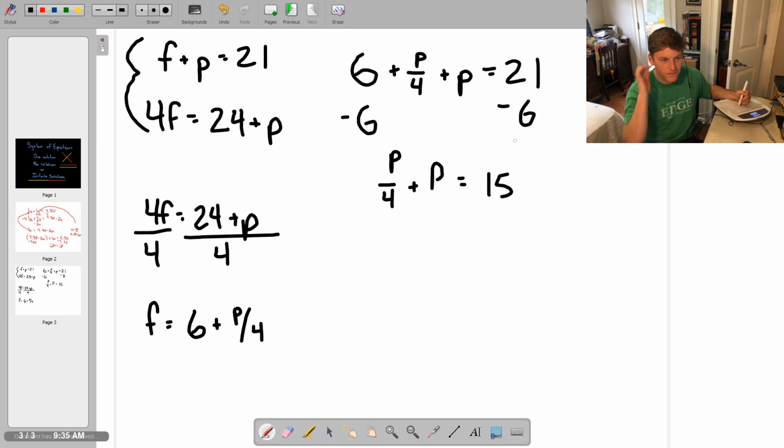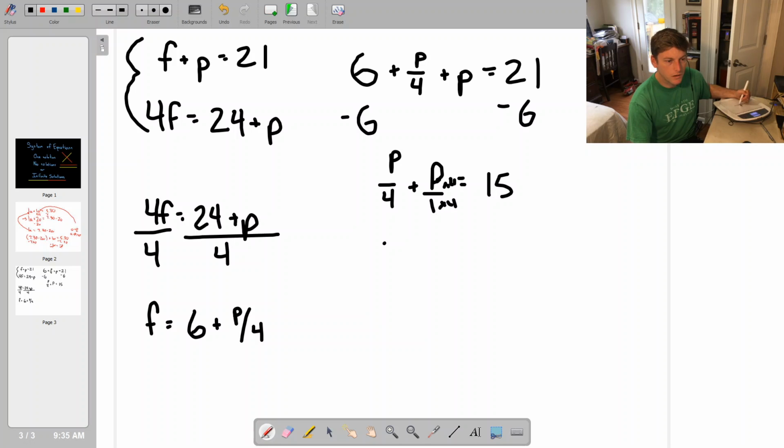Starting to slow down here. Got 15. Now, is this making sense to me? Okay, let's try it out. So now we have P over 4 plus P. We can't combine those because we don't have a common denominator, so we've got to multiply this by 4.